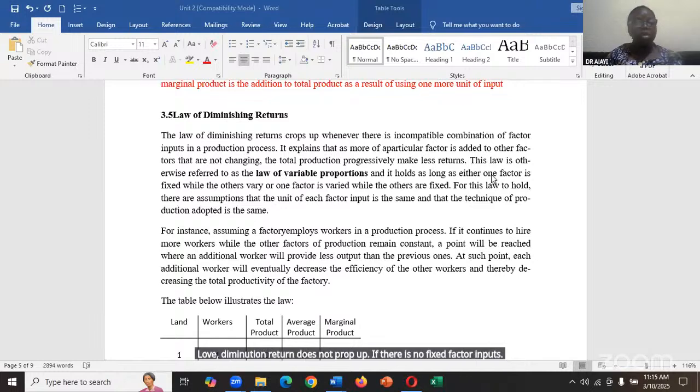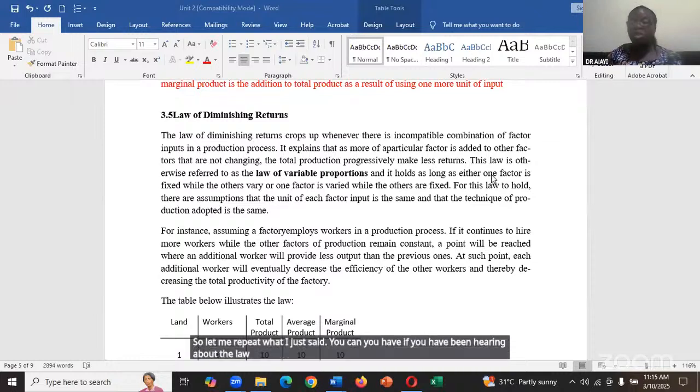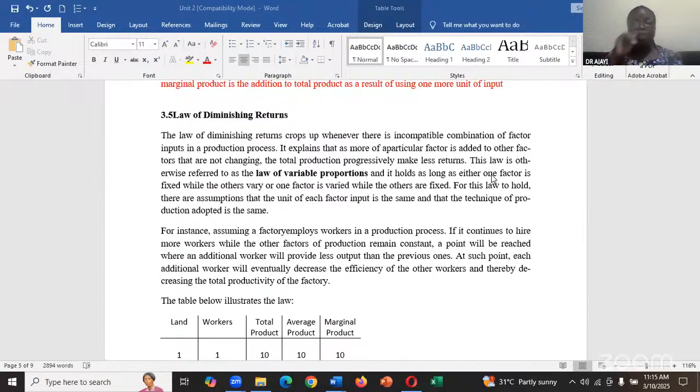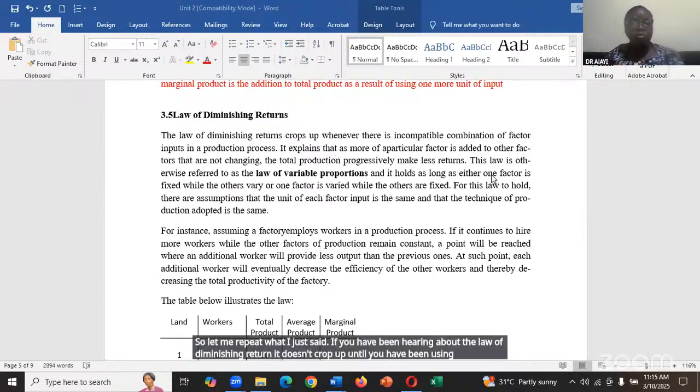So let me repeat what I just said. If you have been hearing about the law of diminishing return, it doesn't crop up until you have been using a particular factor input that is fixed, that is not changing, that is not varying, and you are adding every other factor input that is changing to that particular one.